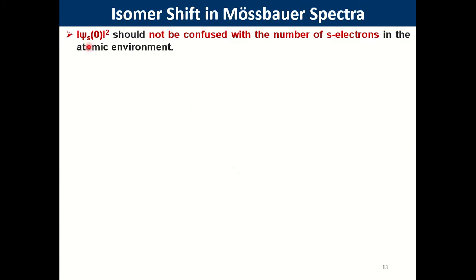So this psi s0 square should not be confused with the number of s electrons in the atomic number. Now you have to visualize this psi as the wave function. You have to visualize the electrons as waves. In that sense you don't count the numbers, you talk in terms of the amplitude of the wave and the electron density due to the electron as a wave, the square of the amplitude.